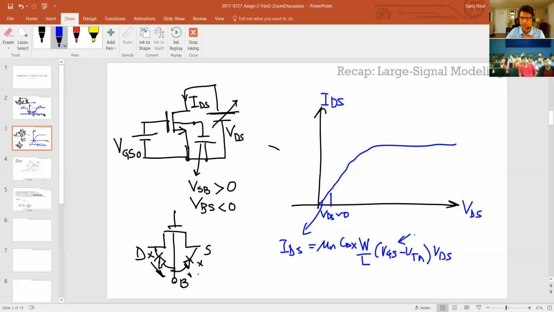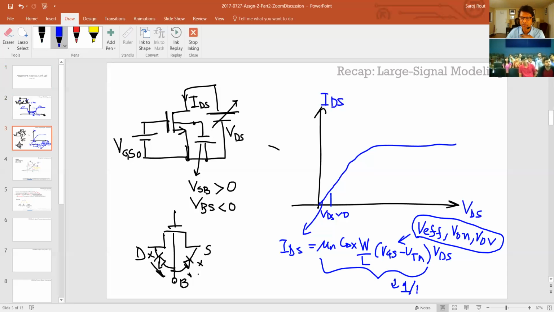And this term we always call V effective, or sometimes V on, or sometimes V overdrive. So all these terms mean the overdrive. So basically it means how much the gate source voltage is higher than your threshold voltage, okay? And this is a linear region. So actually this term here is nothing but looks like 1 over R, right?